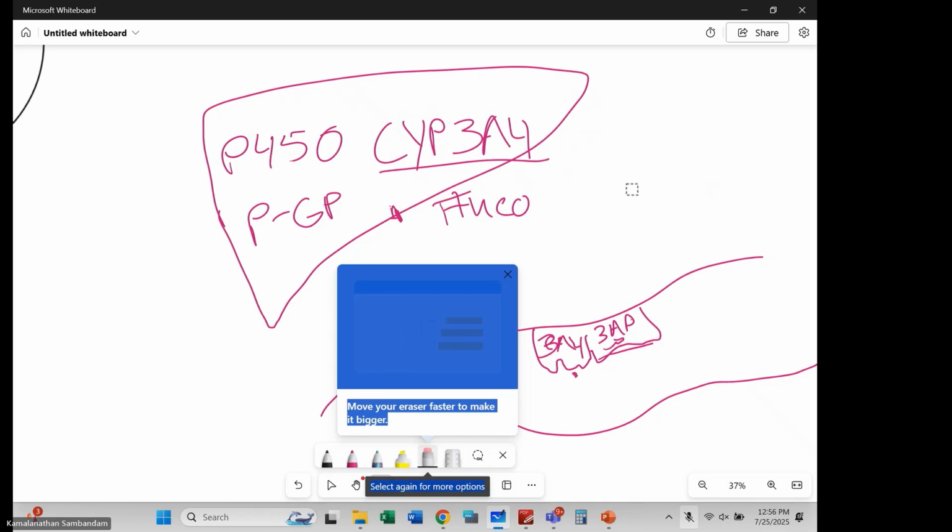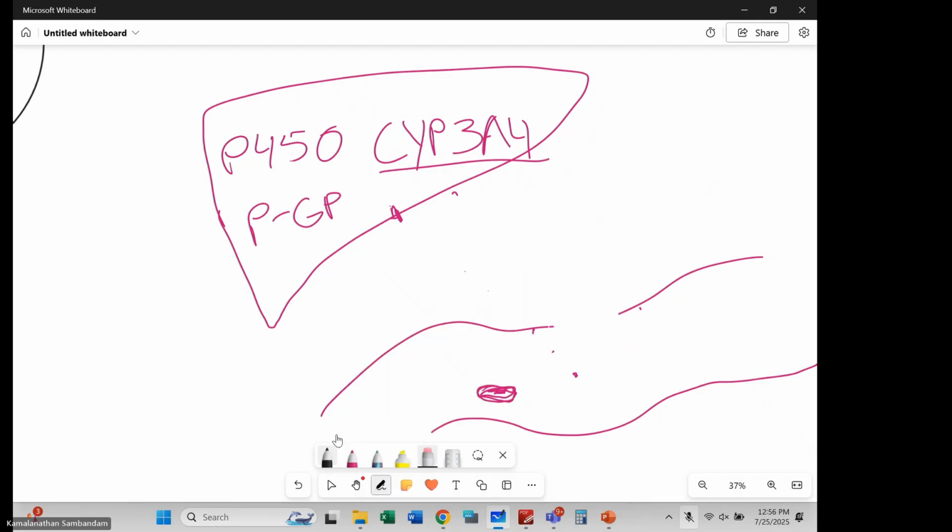Okay, so let's clear out this. Let's clear out this as well. Okay, so when I give you mycophenolate, okay, mycophenolate is a prodrug. It's an ester. The active drug is called mycophenolic acid.